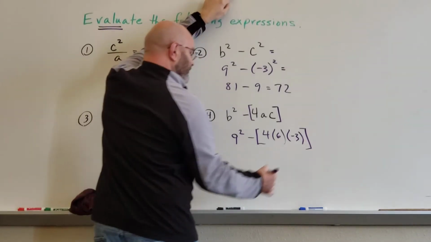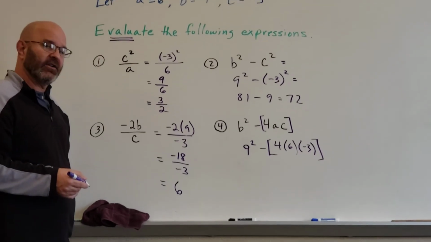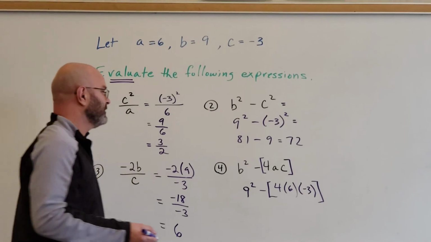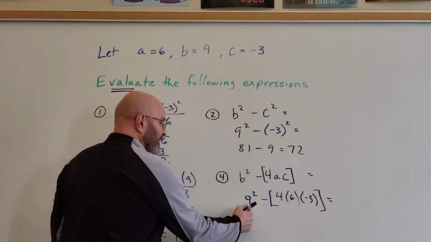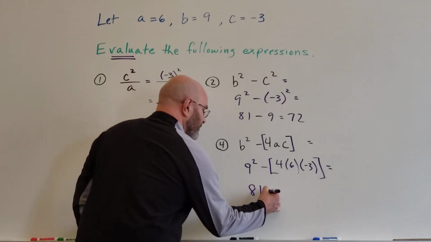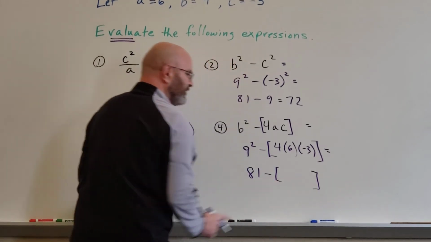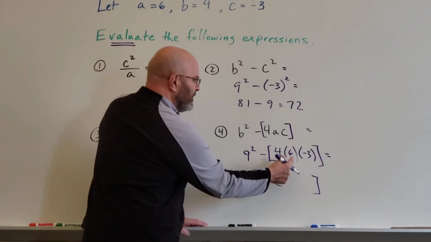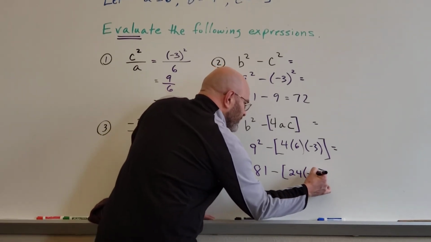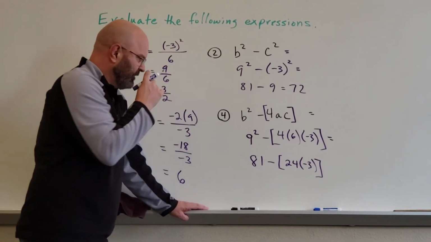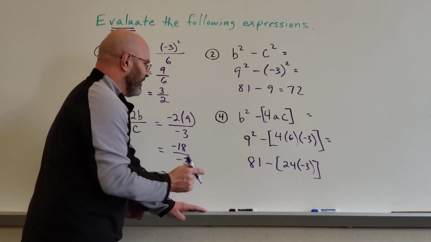So look at all the stuff getting multiplied together. It's very easy to not evaluate an expression like this correctly. So we need to take it one step at a time. Although we're almost done, 9 to the second power is 81 minus, now inside these brackets, let's take it one step at a time. 4 times 6 is 24. So now inside the brackets, I have 24 times -3. We have 2 steps left.